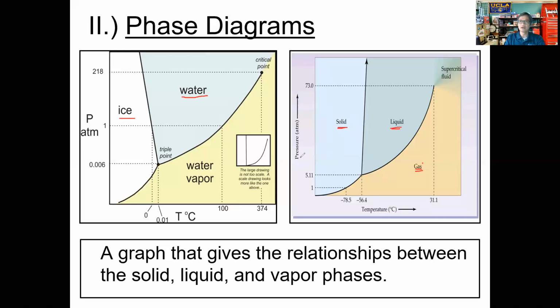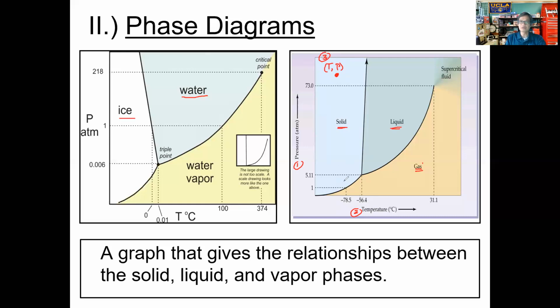First, it's a graph that has pressure along the y, temperature along the x. Those are two key components you need to remember. Secondly, every point on the graph represents a temperature and a pressure. That's a third key component.